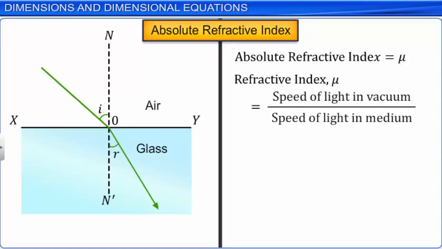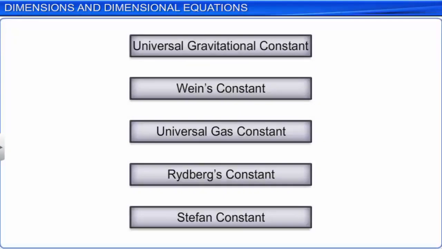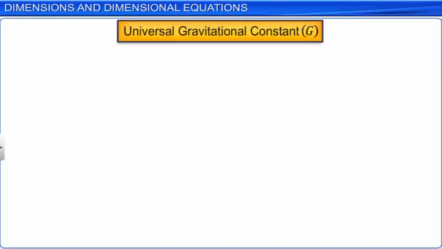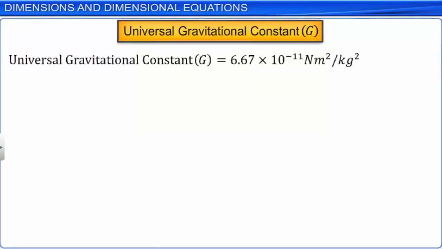We also have certain physical constants, each of which has a unit as well as dimensional formula. For example, the universal gravitational constant G is a constant whose value is 6.67 into 10^-11 Newton meter square per kg square and is denoted by the expression G is equal to force F into distance d square by mass m square.